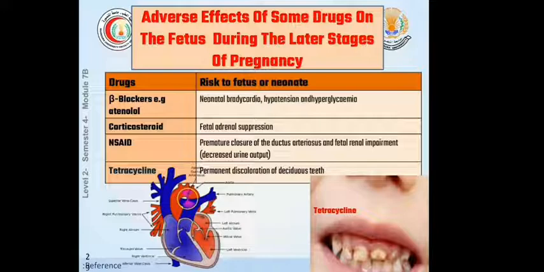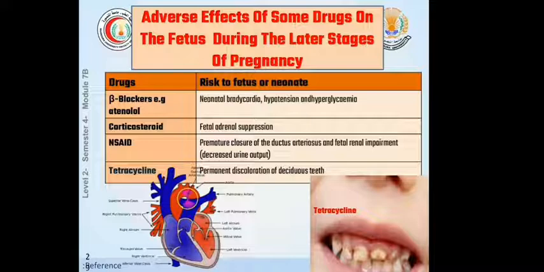It normally closes soon after birth. The presence of the ductus arteriosus in the fetal circulation allows right to left shunting of the oxygenated blood from the placenta to the fetal systemic circulation, so bypassing the fetal pulmonary circulation.